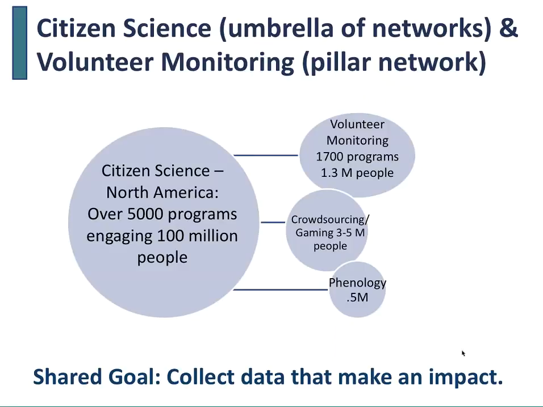One of the things we have on this slide is that volunteer monitoring, or aquatic citizen science, which has been around for many decades, is one of those networks within this larger network of citizen science. It is so amazing that we have this shared goal of collecting data that makes an impact. And when I think about 100 million people engaging in citizen science in North America, that's really exciting to me.